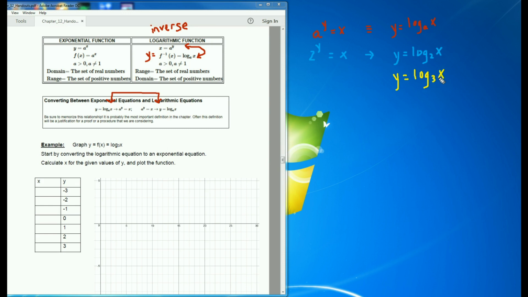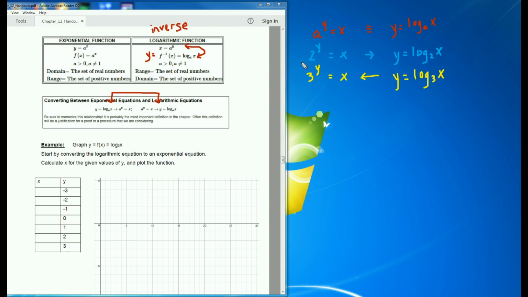And we want to be able to plot that, but right now we don't have a method for calculating log base 3 of x. So we're going to convert it into an exponential equation. If we use the same format here, this just becomes x equals 3 to the y.